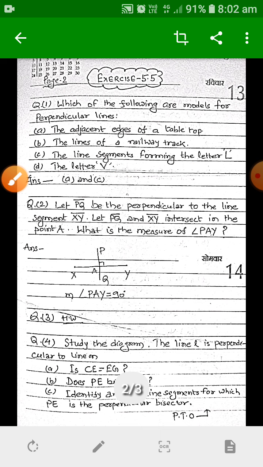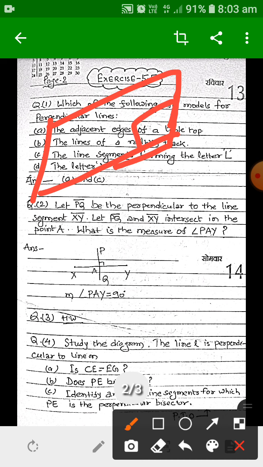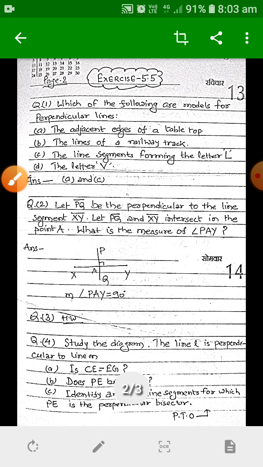This is C, and this is the tabletop, the angle between the two edges is 90 degrees. So this is the required model.